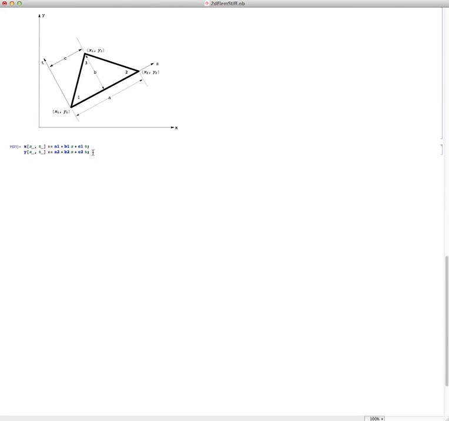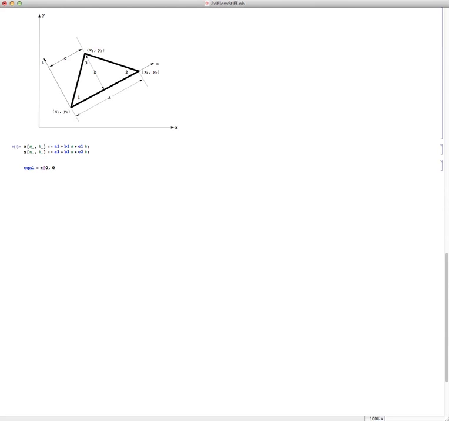Okay, so we'll start. I'm going to call the first equation equation 1, and it's going to be X evaluated at S equal to 0 and T equal to 0.